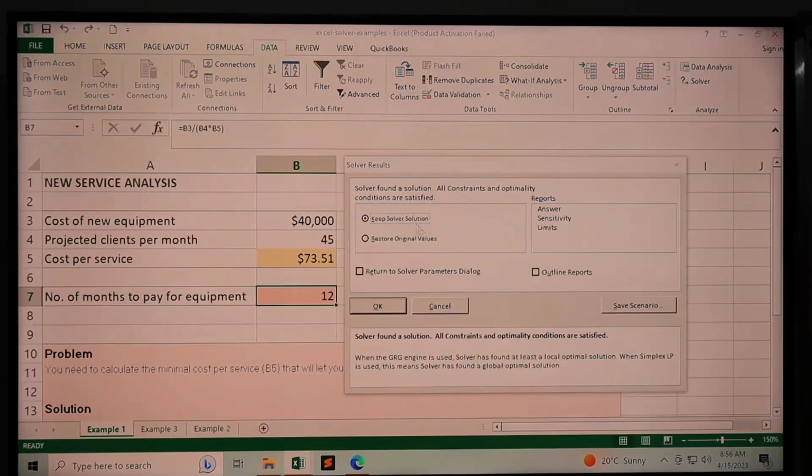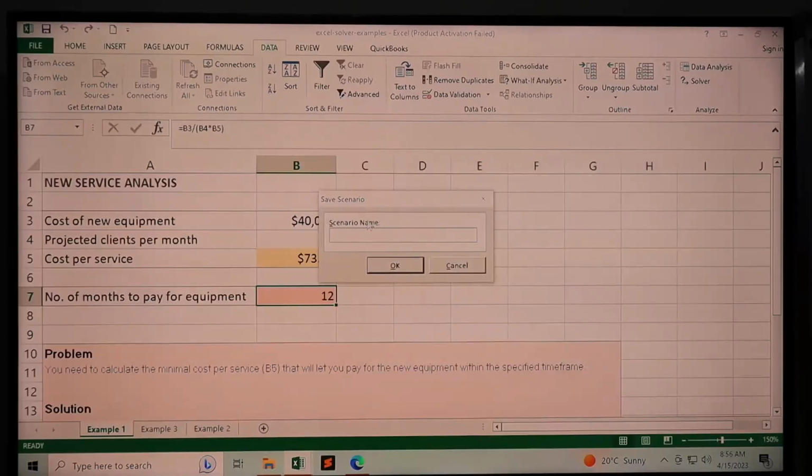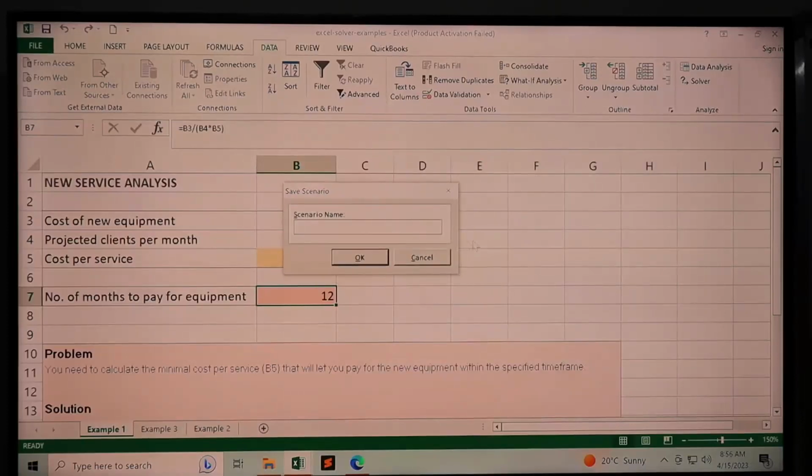In our case, we want to keep the solver's solution because we really want to compute these. Then in the same dialog box, you have the option to save the scenarios, in case you want to save these scenarios. You have to write a name.